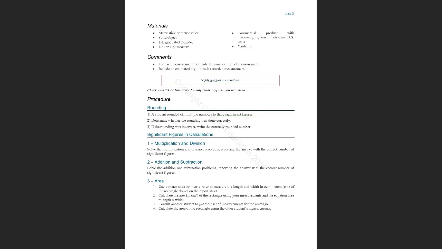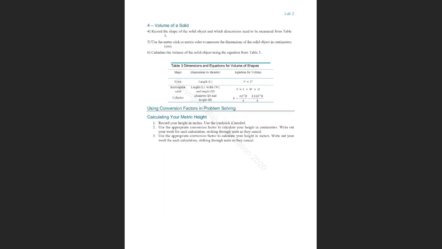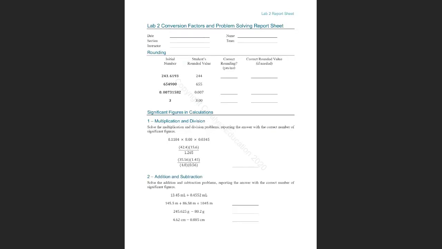Then there's some multiplication, addition, and let's continue. So we go to the report. Then you are going to calculate the volume, and let's see where is the report. Here. Okay. So this is what you are going to encounter, the report in a different format, but same thing. As you see, it says rounding, and it's not telling you clearly that you have to round to 3 sig figs.